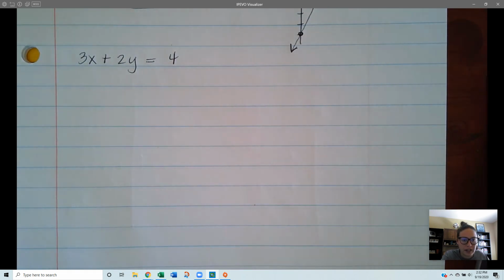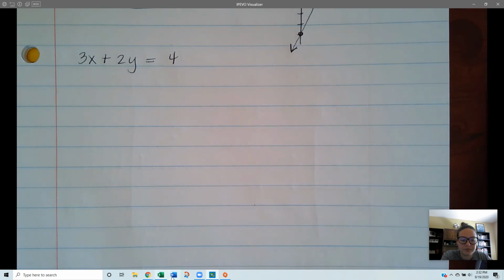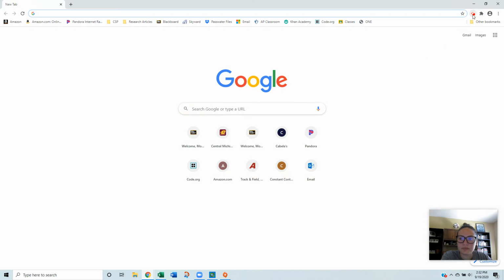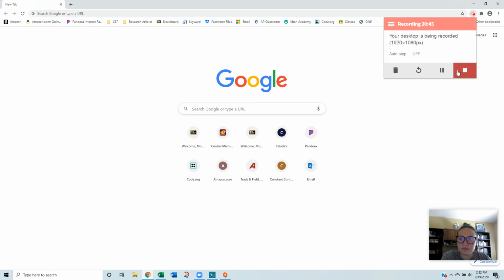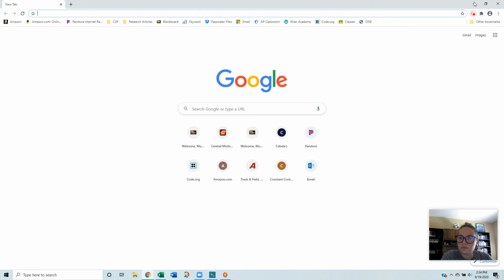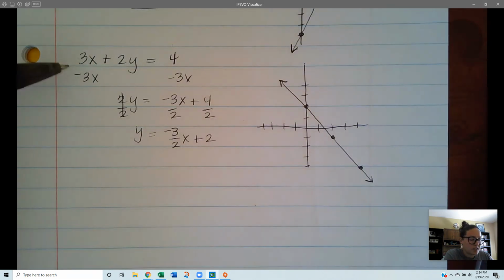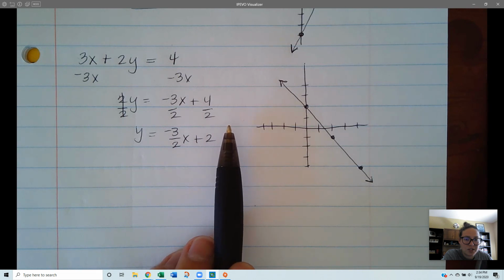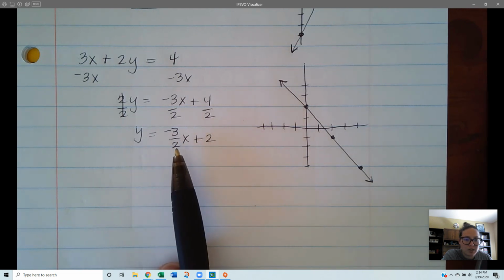All right, so hopefully you were able to subtract 3x from both sides. Then we divide everything by 2, which gives you y equals negative 3 over 2x plus 2, and then we can graph it.